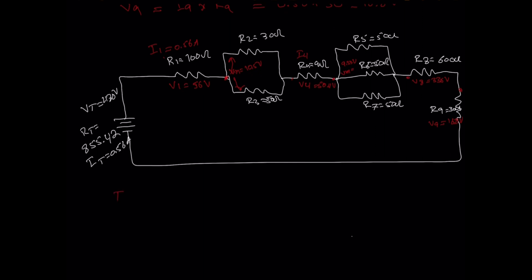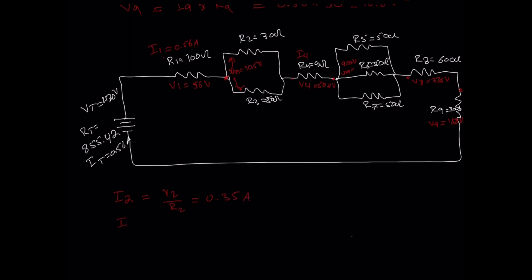Let's find I2. I2 is equal to V2 divided by R2. V2 we say is equal to Vn, which is 10.5. 10.5 divided by R2, which is 30, will give me 0.35 amp.